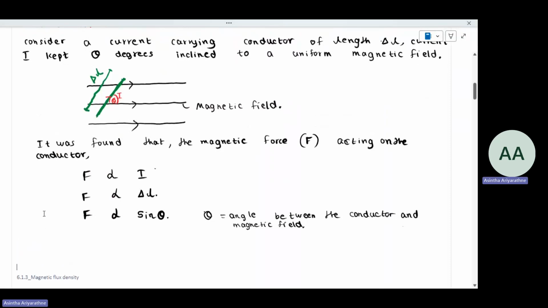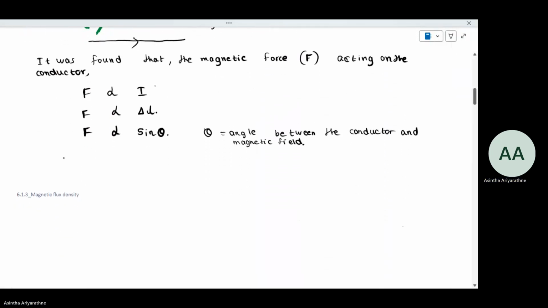And so when these three are combined, F is proportional to I delta L sine theta.